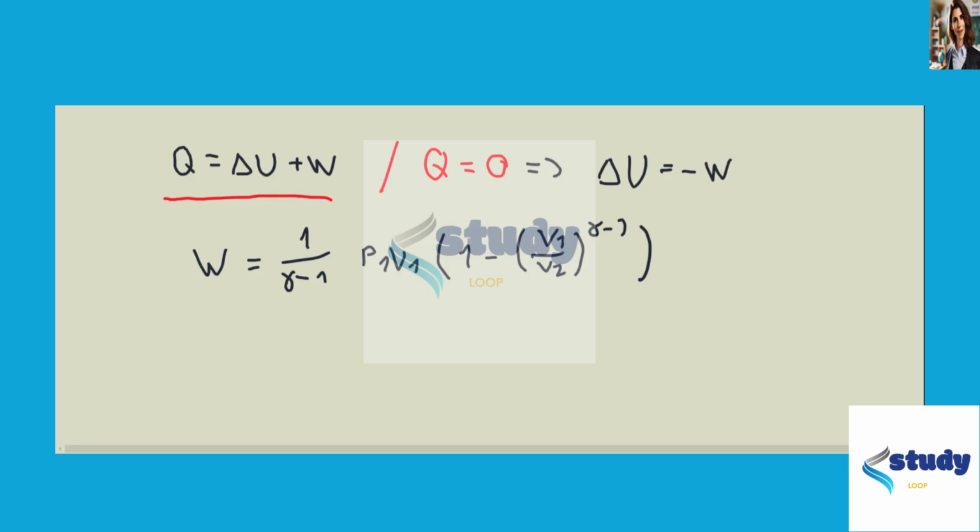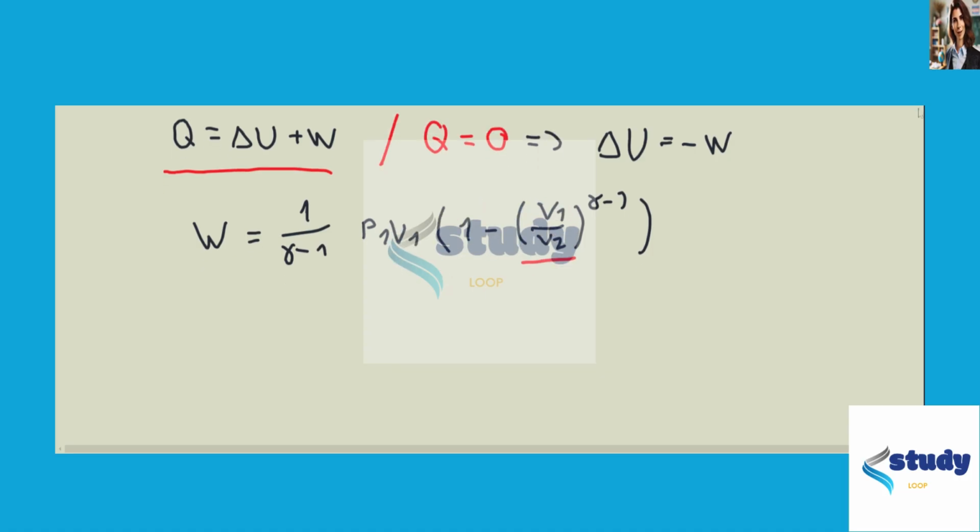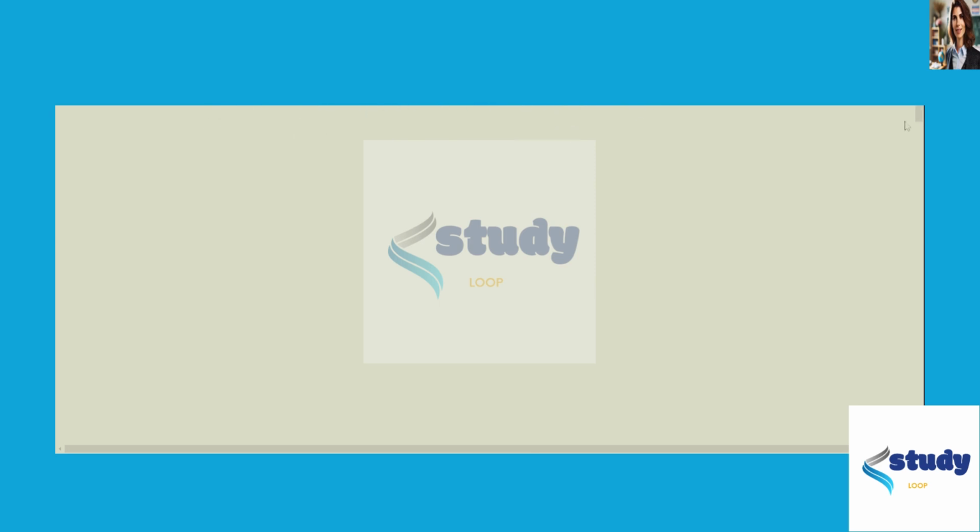Also, since we have this ratio right here, we need to relate this ratio to the pressure ratio, which can be done using also a textbook formula for the adiabatic process pressure relations to the volume. This will be that the pressure ratio between the final and the initial pressure is going to be equal to the ratio of the initial to the final volume to the power gamma.